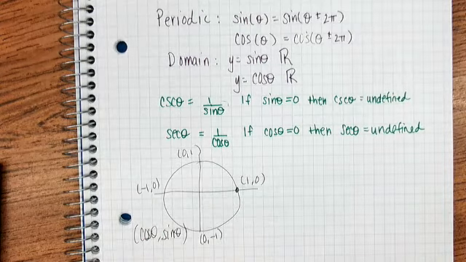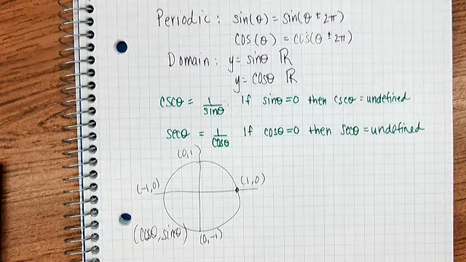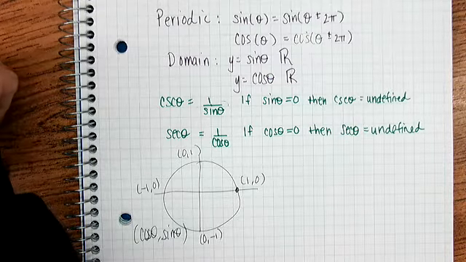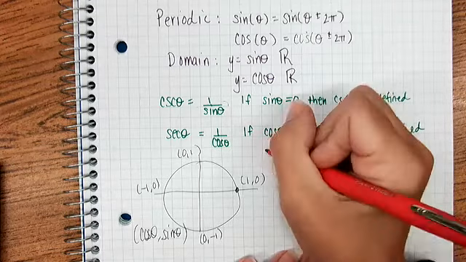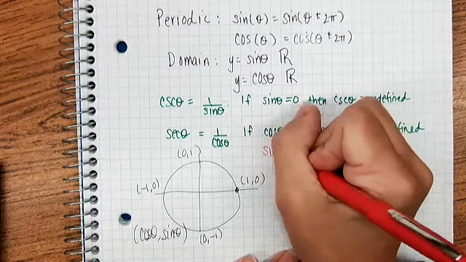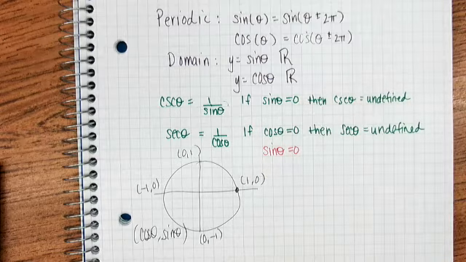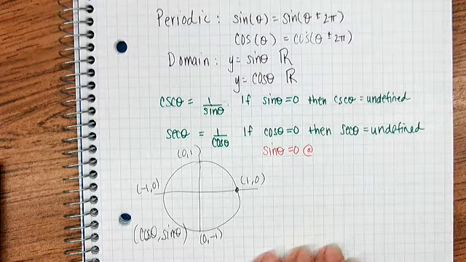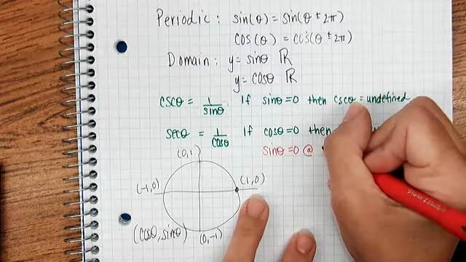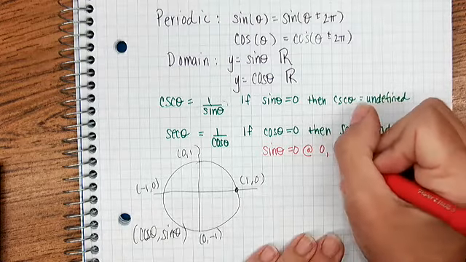Let's talk about the cosecant first. Sine of theta is 0. Sine is y. So the sine is 0 at 0, pi.